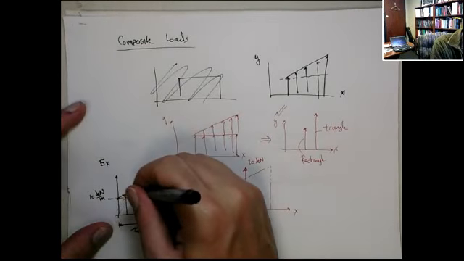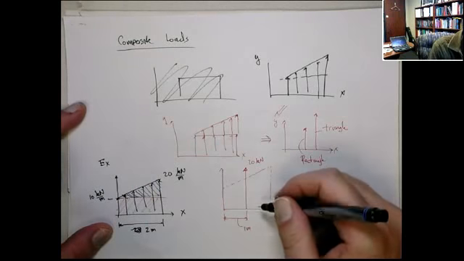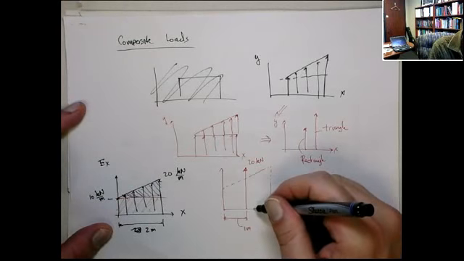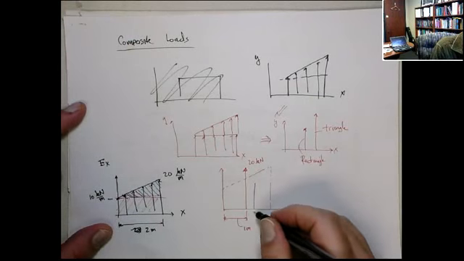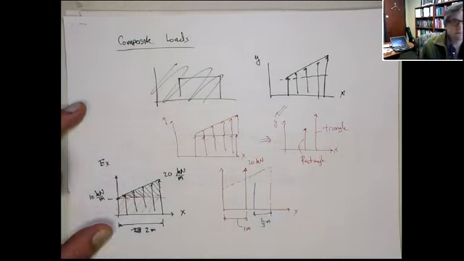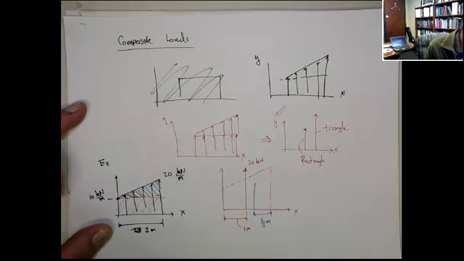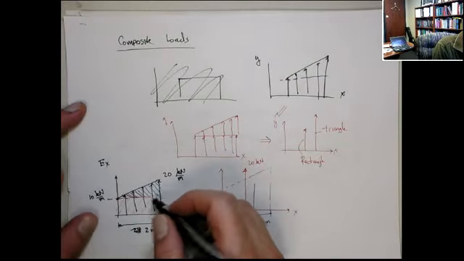The triangle here sits on top of the rectangle. That's going to sit at 1/3 in from this edge, so that's going to be 2/3 meters, right? And its value is going to be 1/2 base times height.